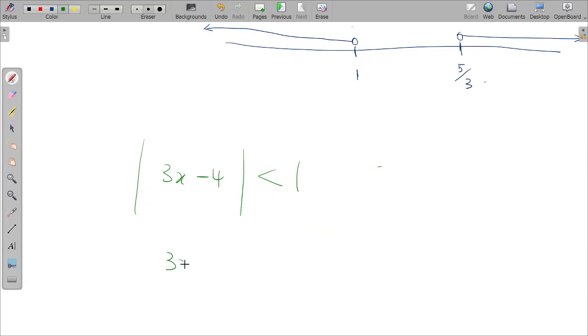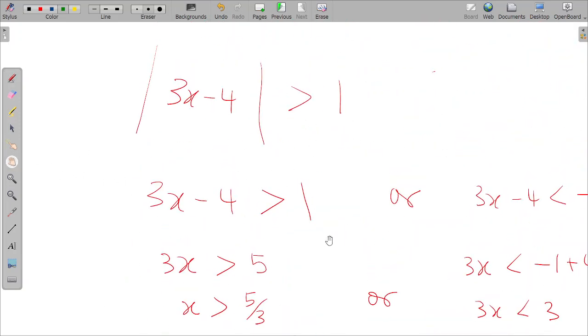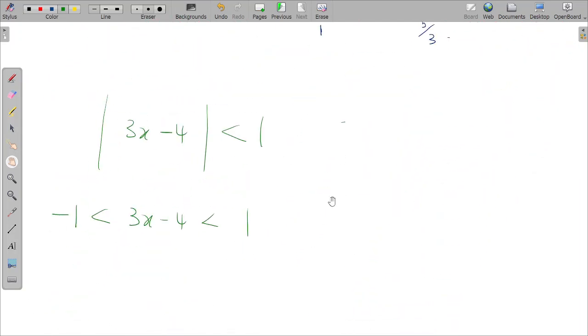We have 3x minus 4 less than 1, but greater than negative 1. So we can do it like this for less than, but we cannot do that for greater than. In greater than, you have to write it out this way: this one greater than 1, or that less than negative 1.